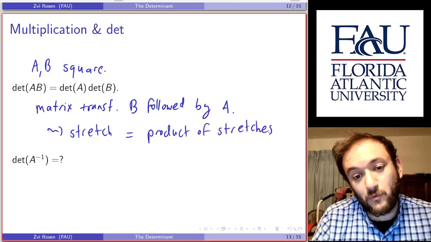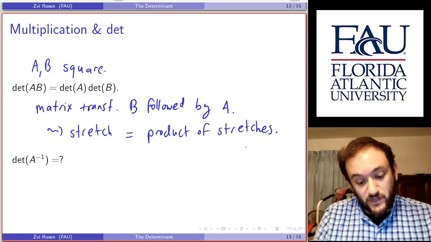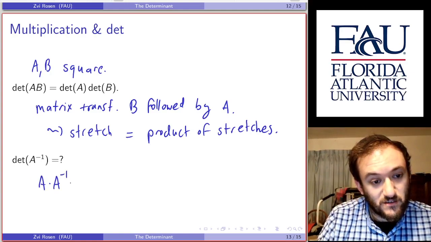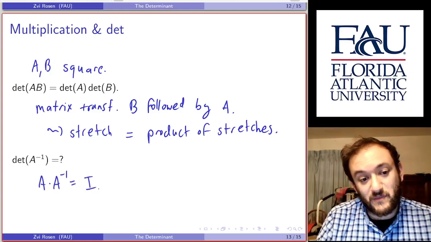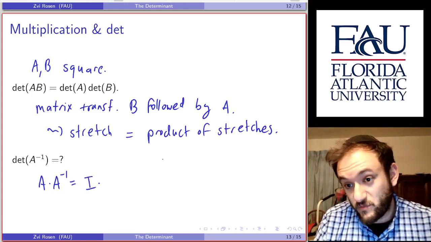Okay, well, what does that mean in terms of the determinant of the inverse matrix? Well, I know that A times A inverse is equal to the identity matrix. This is just the matrix with 1s on the diagonal, so its determinant should just be 1.